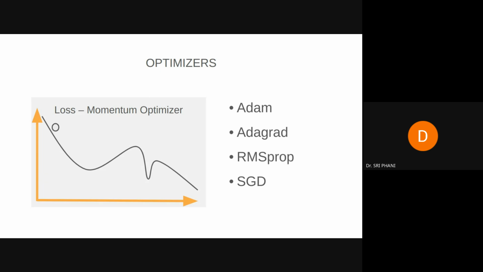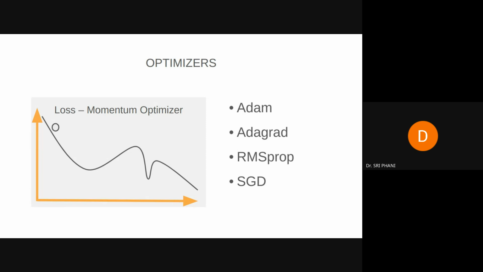You have a weight, you have computed the error, and from the computed error you compute the gradient, and you use this gradient to update your weights. I got a gradient, fine, but to what extent should it be updated? All these things will be taken care of by these optimizers.